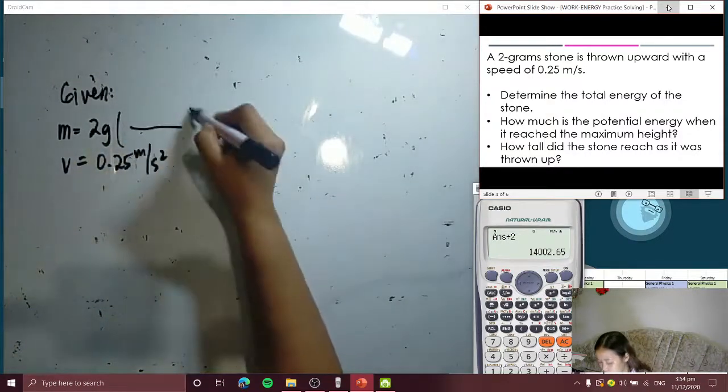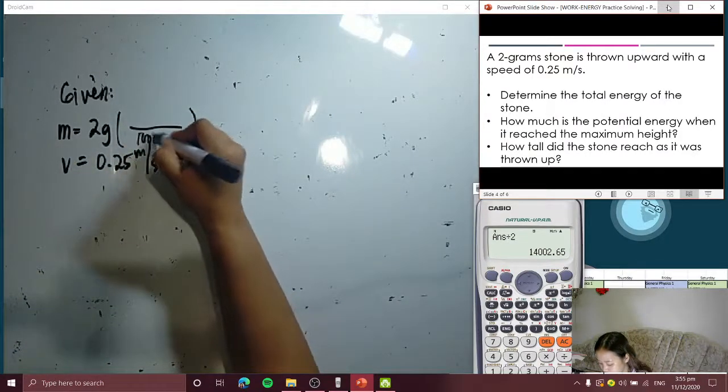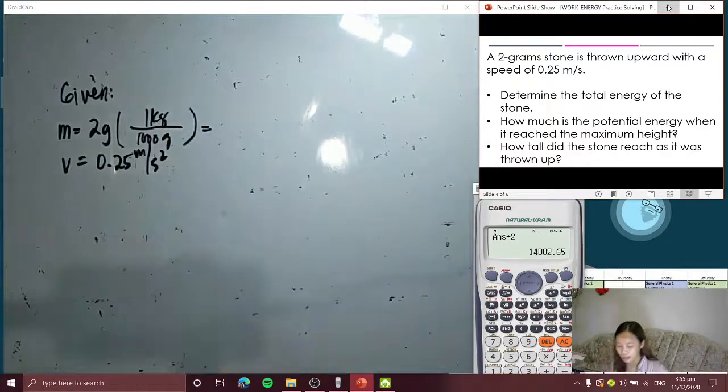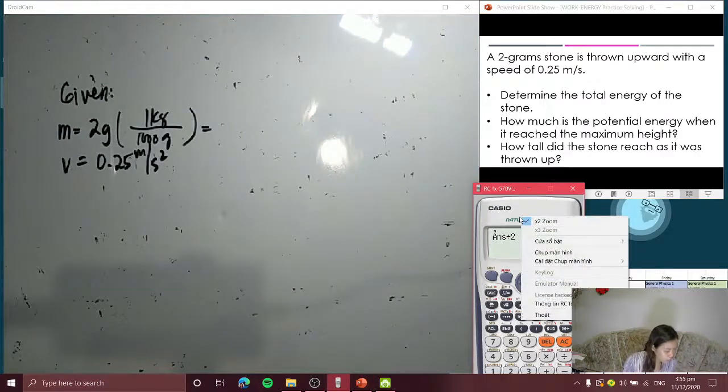So we have here 1,000 grams is equal to 1 kilogram. So we have here 2 divide 1,000.